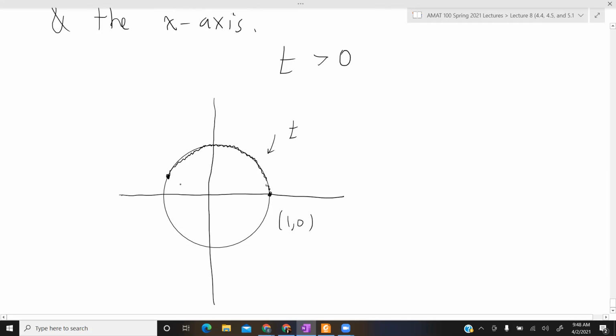So I traveled that distance, but then what t bar represents is this distance right here, this arc length. This is t bar.